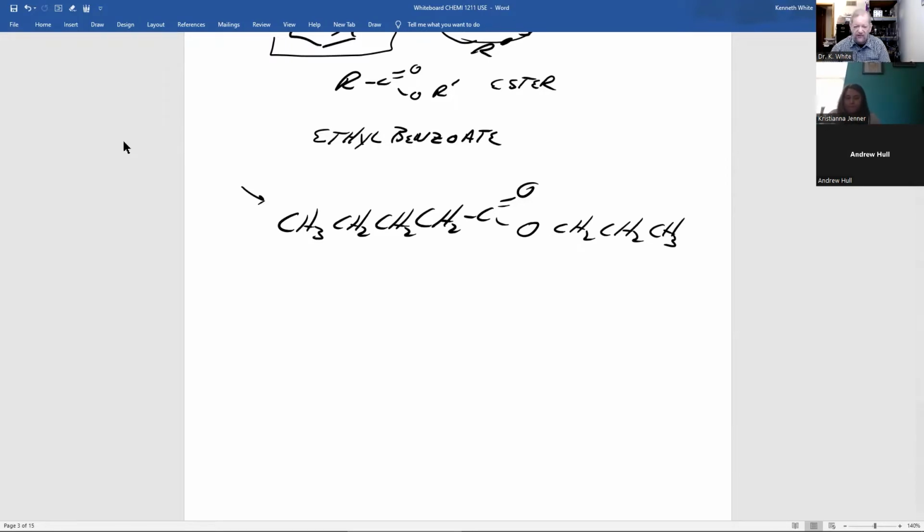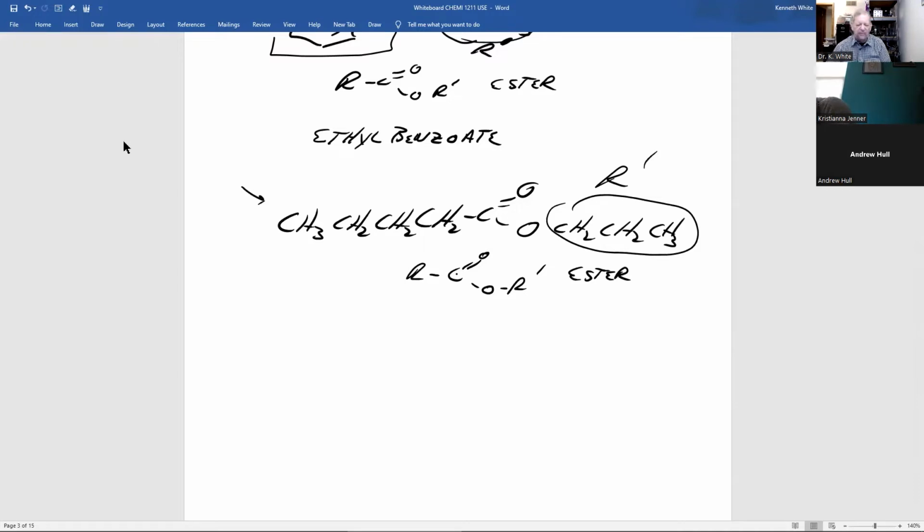Let's take a look at this. What's different? Ooh, a carbonyl, with oxygen on that same carbonyl carbon, carbons here, carbons here. That's an ester. How do you name it? Name the R prime as the alkyl group it is, and that's N-propyl.